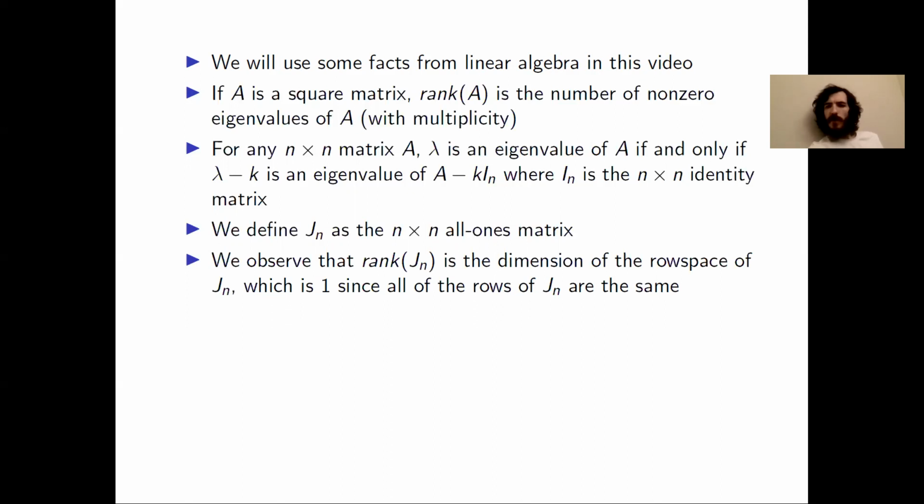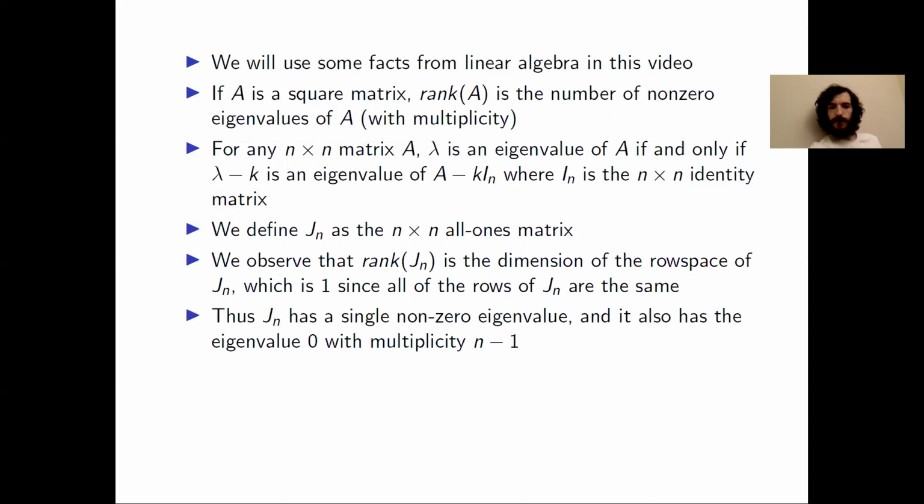Since all of the rows of J_n are the same, and all of these rows are non-zero, we can conclude that the dimension of the row space of J_n is 1. And the definition of rank is the dimension of the row space. So the rank of J_n is 1. Now we can use that linear algebra fact in the first bullet: the rank of a matrix is equal to the number of non-zero eigenvalues.